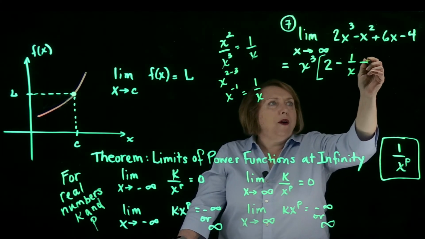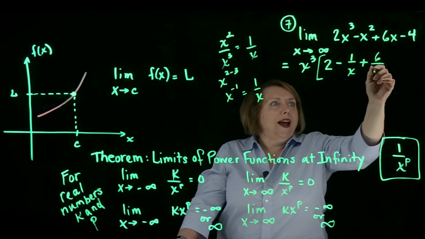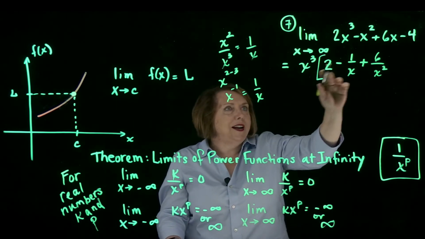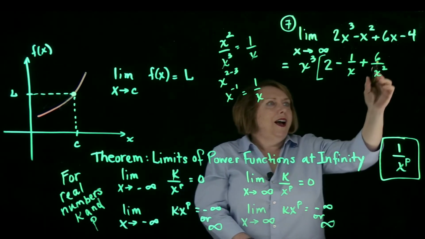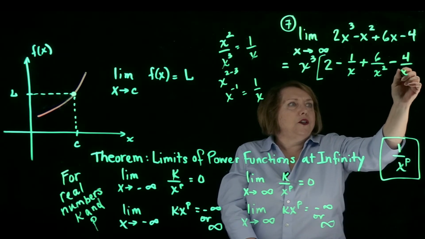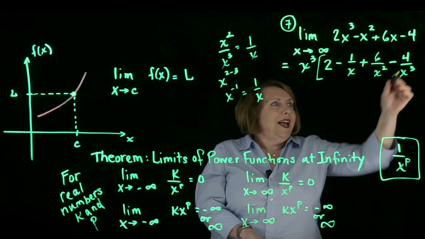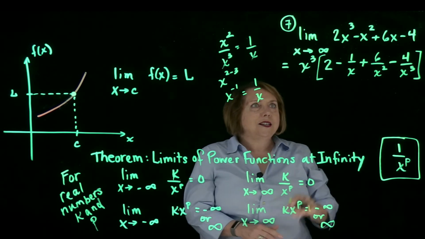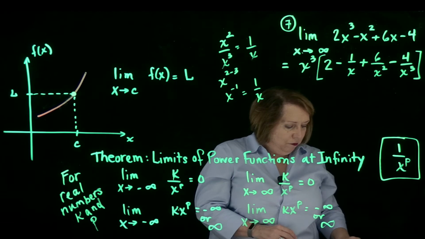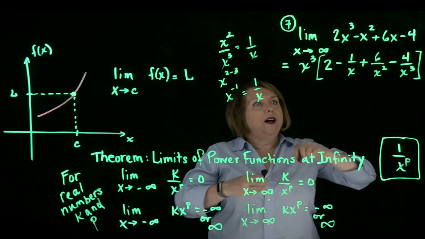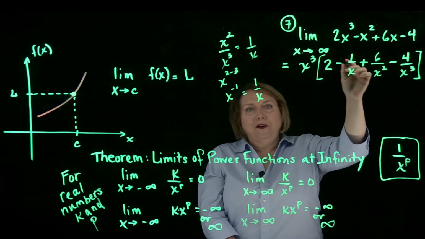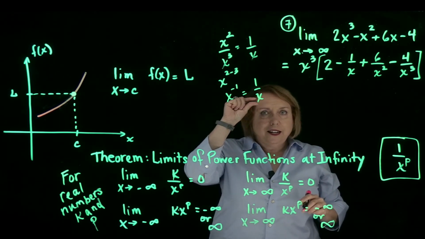In a similar way, I would have 6 over x squared, because it would be like I was taking 6x and dividing it by x cubed, and then minus 4 over x cubed. So as x is going to infinity, what's happening to each of these terms that's a fraction? Well, x is getting bigger and bigger and bigger, so therefore 1 over x is getting tiny, tiny, tiny.